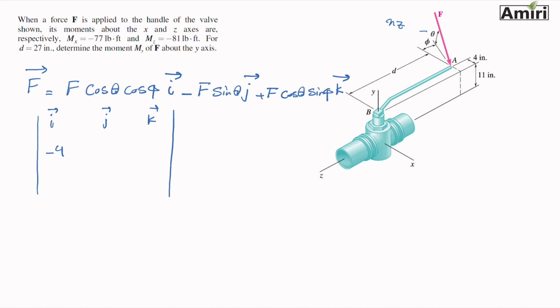i, j, k. We had -4, 11, -27 inches. F cosine theta, I'm just going to put C and S, cosine phi, minus F sine theta, and F cosine theta sine phi.